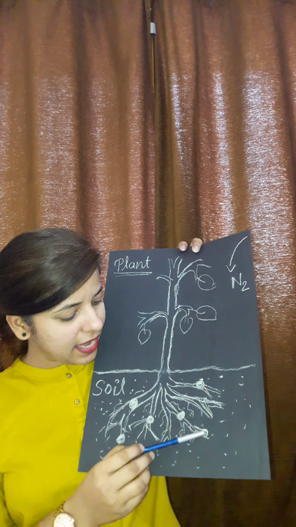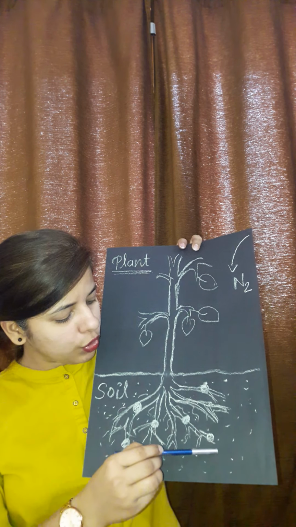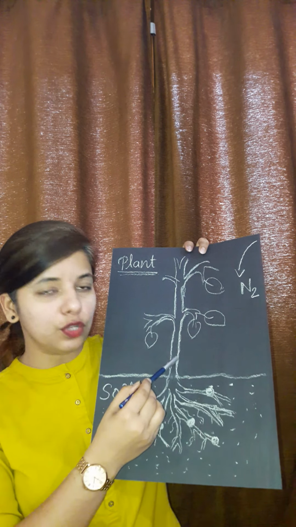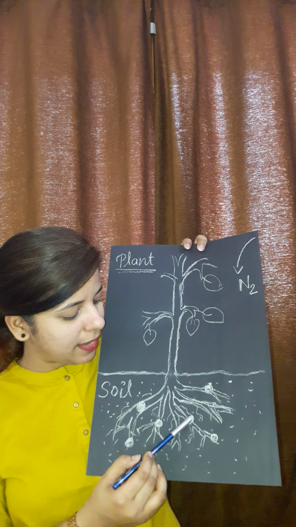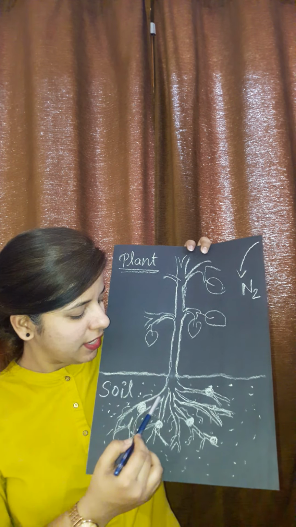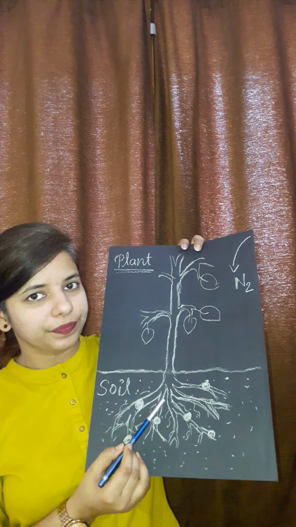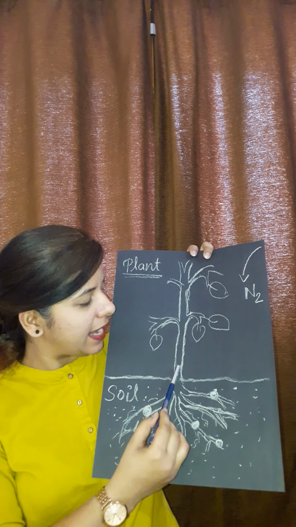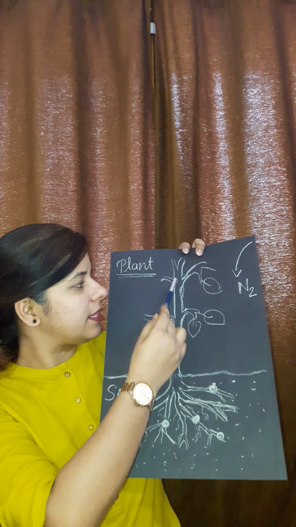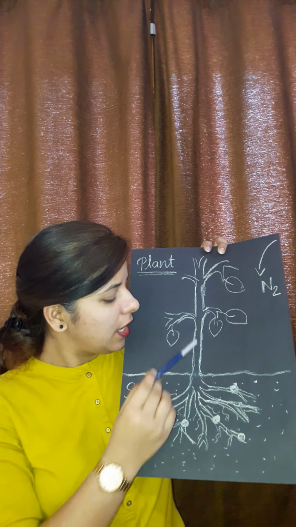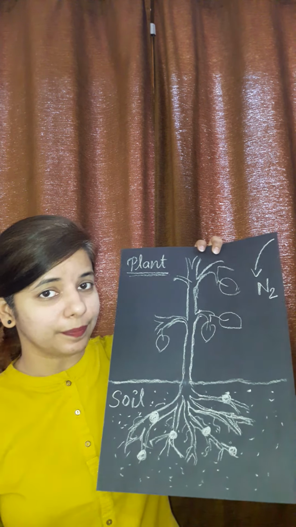Then this nitrate and nitrite are available in the roots, and when the roots of the plants absorb other nutrients, with those nutrients the plants also absorb the nitrate and nitrite, which indirectly contains atmospheric nitrogen. When this nitrate and nitrite is absorbed by the plants and circulated in the plant body, the plant utilizes that nitrate and nitrite and converts it into protein.